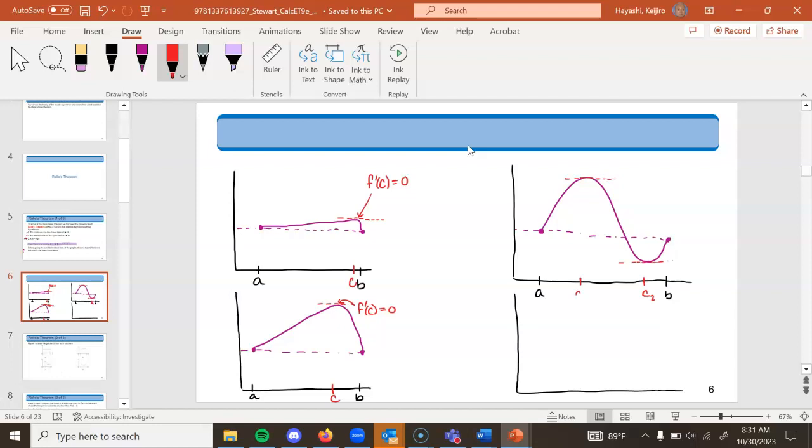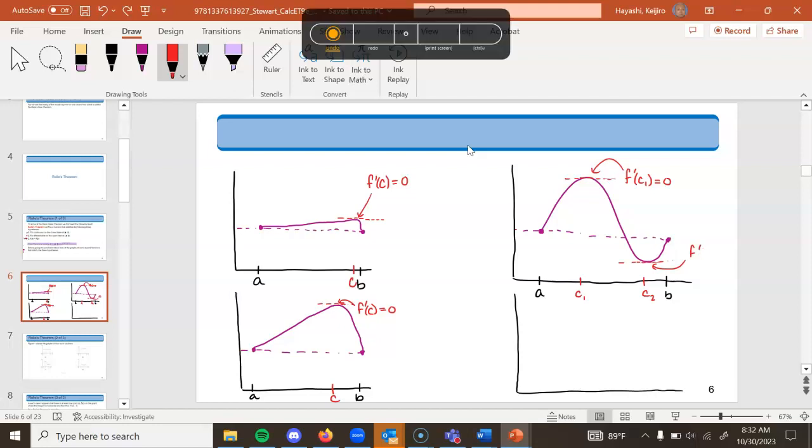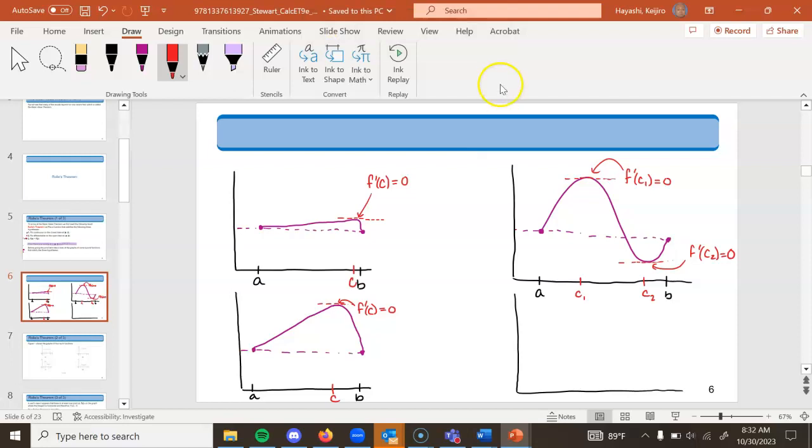Call this C1. And there's really just no way to keep it from happening.